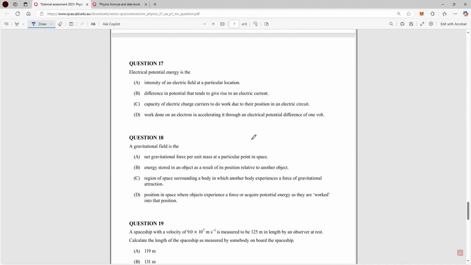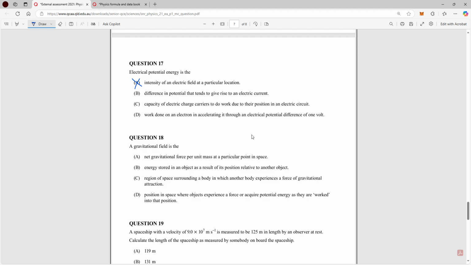Alright, question 17. This one actually stumped me as well. So electrical potential energy is, and we're looking for the best description of that. So basically, out of these ones here, intensity of electric field in a particular location, that's not really mentioning much about the potential. Difference in potential tends to give rise to electric current.